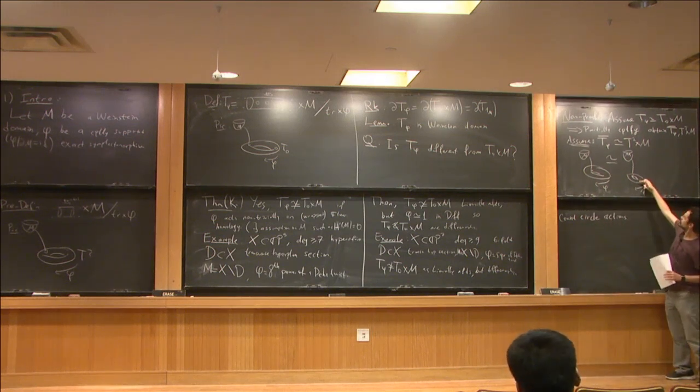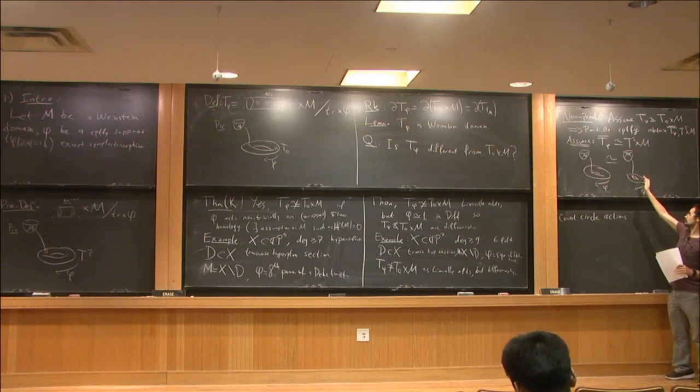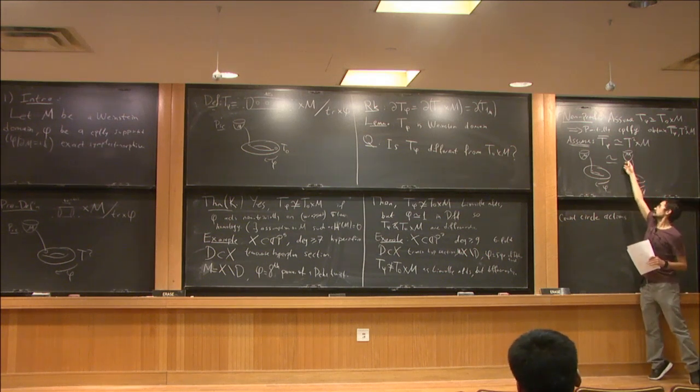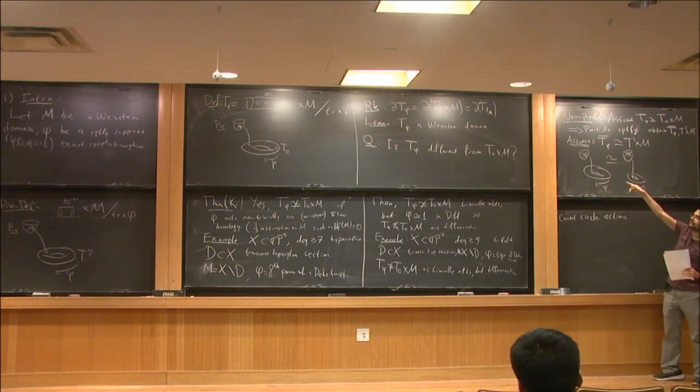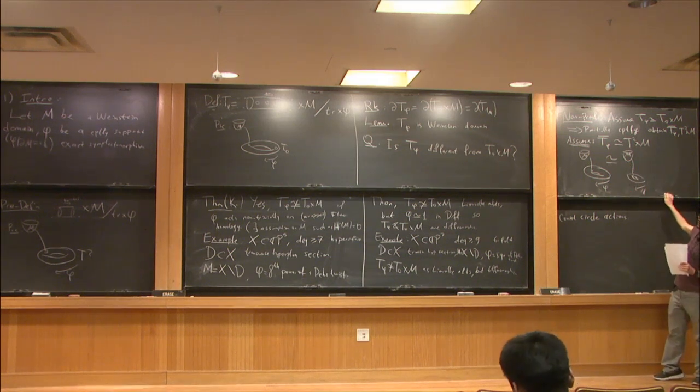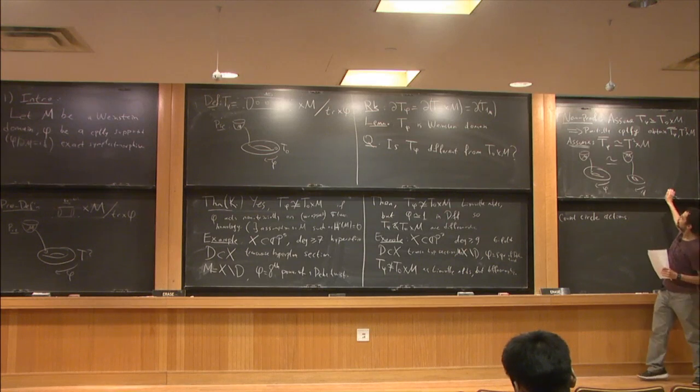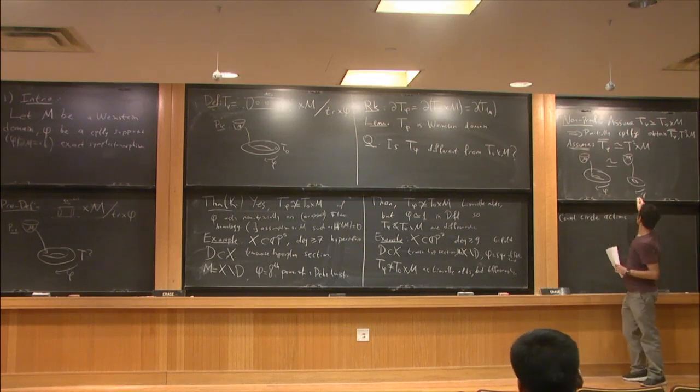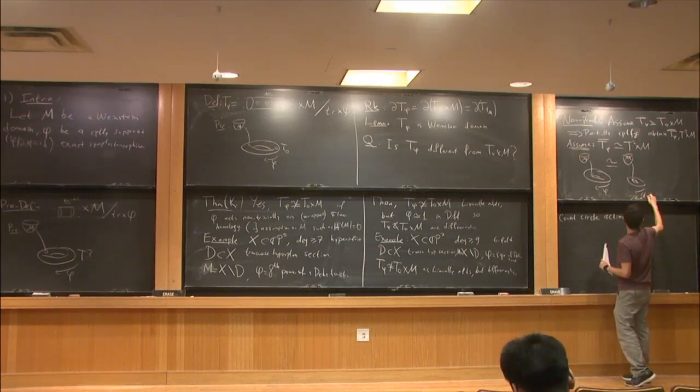On T2, you have an action in this direction, another action in this direction. So you have a Z cross Z worth of circle actions. And there's nothing coming from the M direction because M has vanishing first cohomology. So they're all Hamiltonian. And so here you have Z cross Z worth of them.